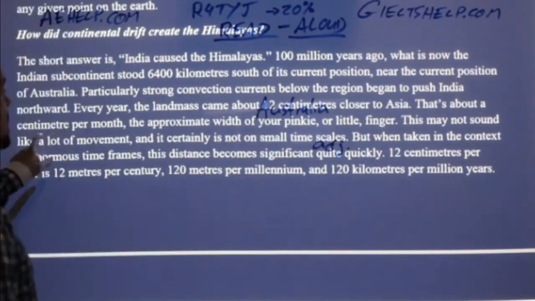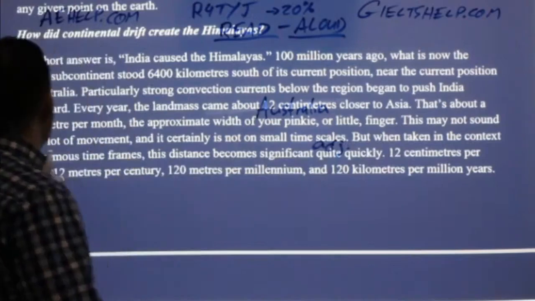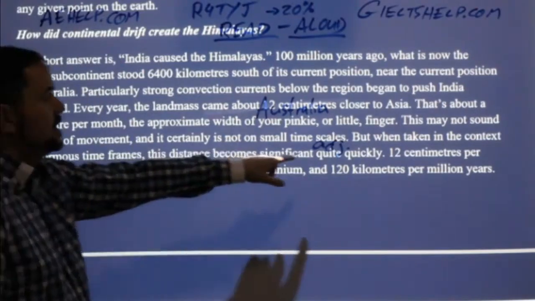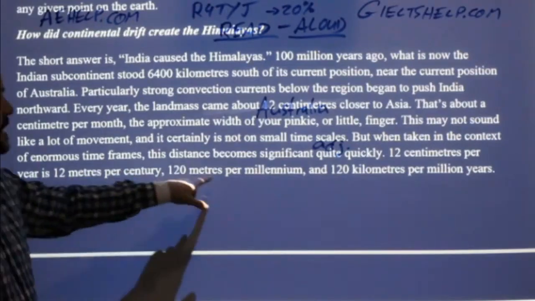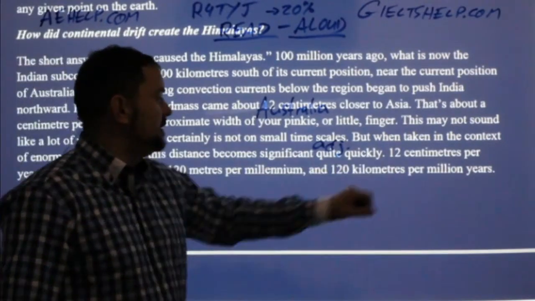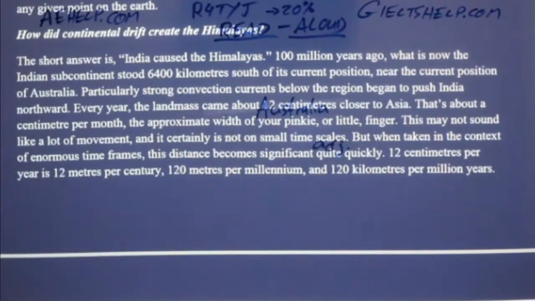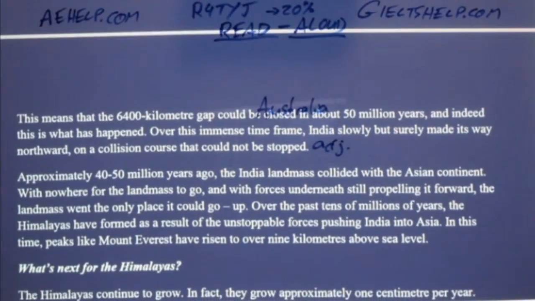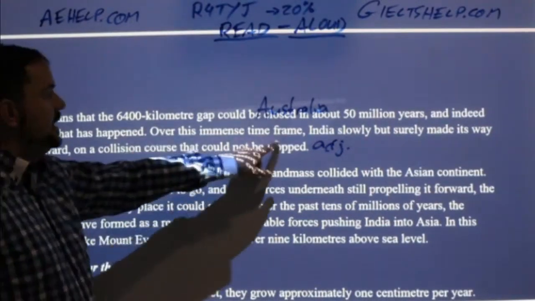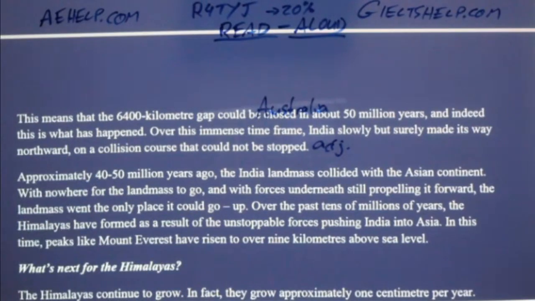So that's about a centimeter per month. This may not sound like a lot of movement, and it certainly is, but when taken in the context of enormous time frames, this becomes significant. Over this immense time frame, India slowly but surely made its way northward and collided.